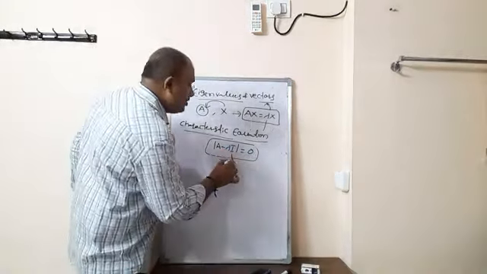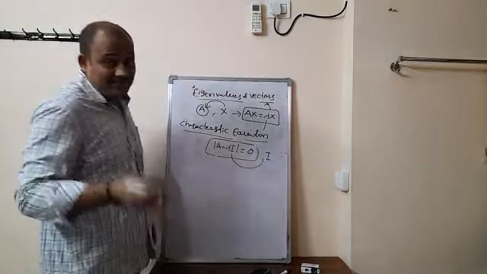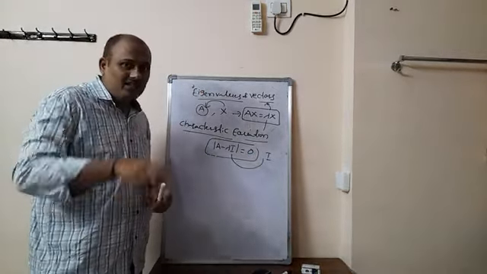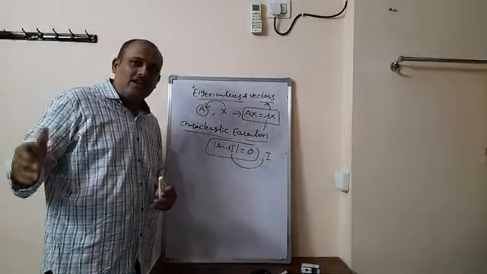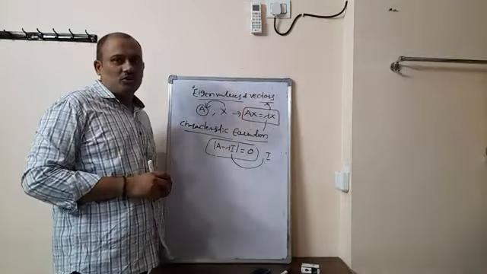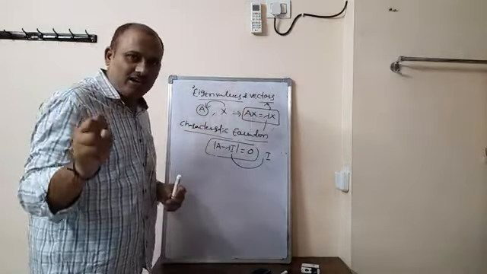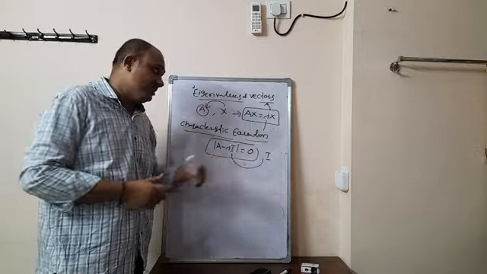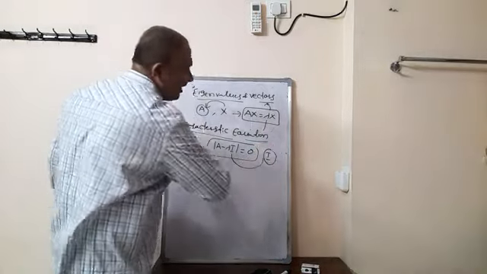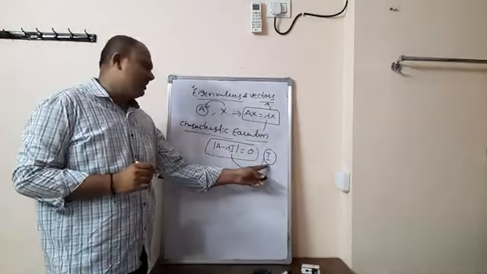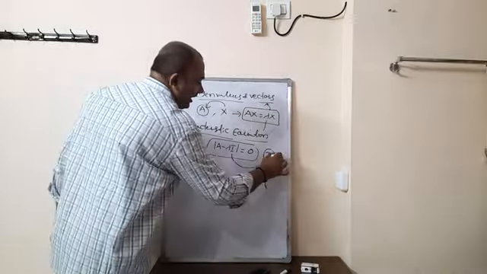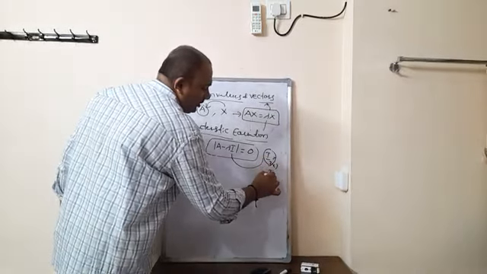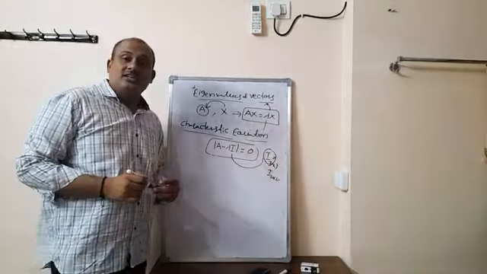Where I is a unit matrix. Already we have discussed the definition of unit matrix. The principal diagonal elements are 1, remaining all elements are zeros, which is nothing but the unit matrix or identity matrix, represented with the symbol I. That is I2, I3: 2 by 2 has 2 rows and 2 columns, 3 by 3 has 3 rows and 3 columns.